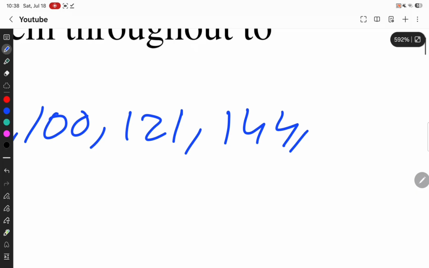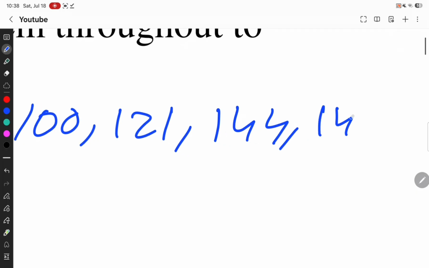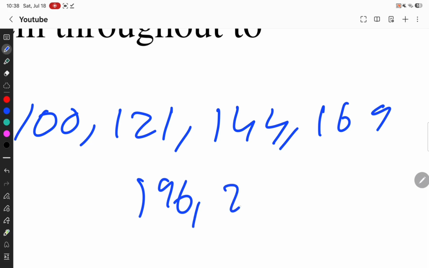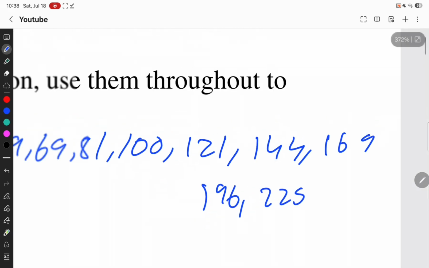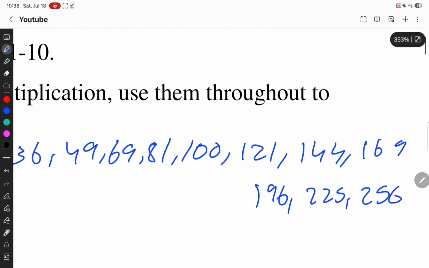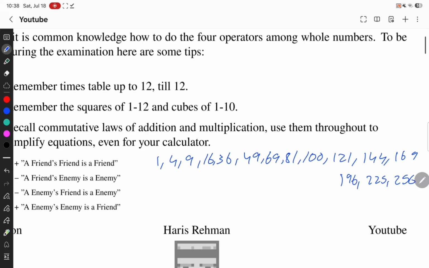I even know 13 and 14: 169 and 196, 225 for 15, and 256 for 16. I'm not showing off, sorry. But up to 12 is okay.